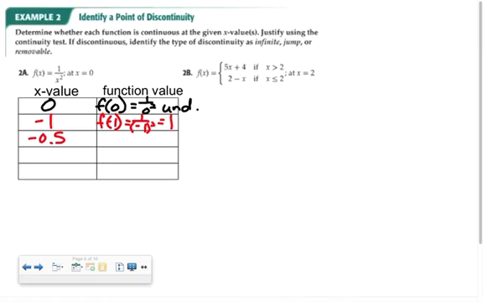And I'm going to plug in that -0.5 and square it, and I'll have the function of -0.5 being 1 over -0.5 squared, which is 4.